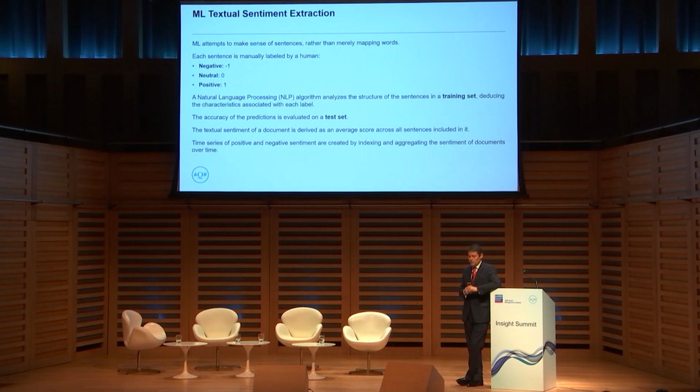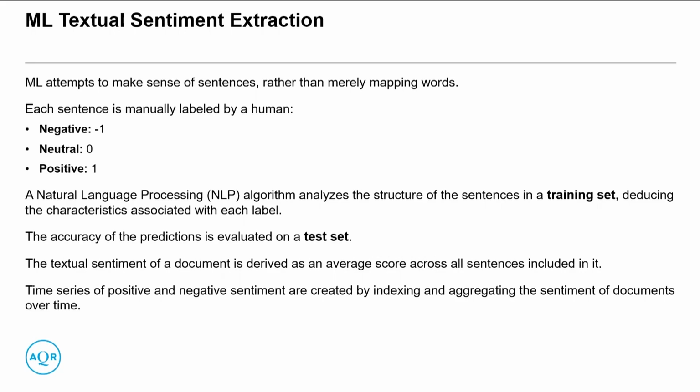A better approach is to apply machine learning techniques to understand what is the meaning of those sentences, what is the context. One way to do this is to have a human label sentences manually. So you're given the following task: considering this sentence, would you associate it with a positive connotation or a negative connotation? And you do that for thousands and thousands of sentences.